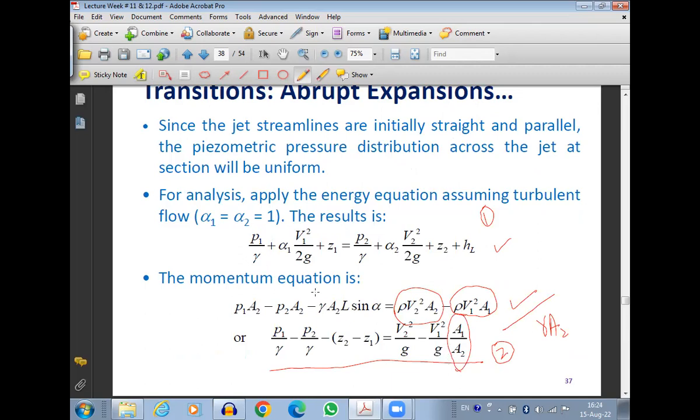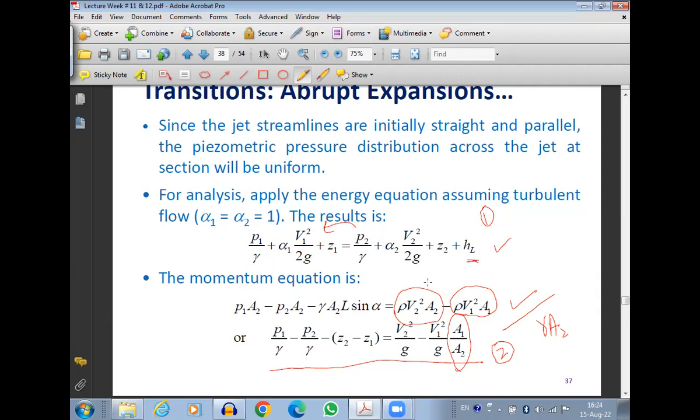Here we have P1 upon gamma minus P2 upon gamma. In the energy equation we also have P1 upon gamma, and if we take P2 to the other side, we'll have minus P2 upon gamma. So if we subtract equation 2 from 1 or 1 from 2, the pressure terms will also be cancelled. What we are left with is an expression for HL.